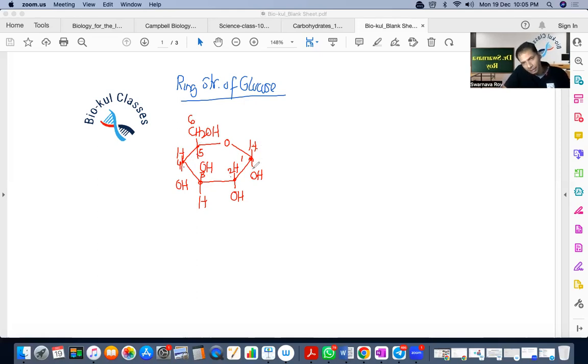This first carbon is bonded with an oxygen and a hydroxyl. Very, very important. So this first carbon is called the anomeric carbon.